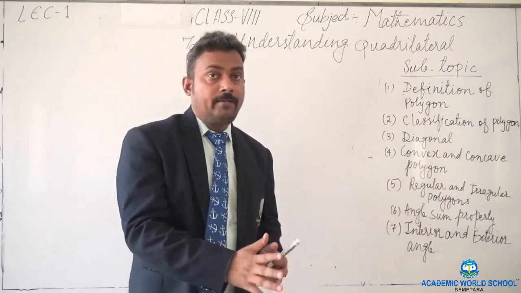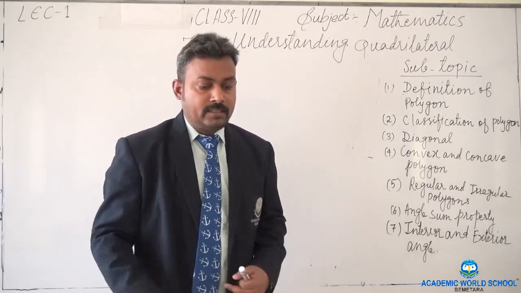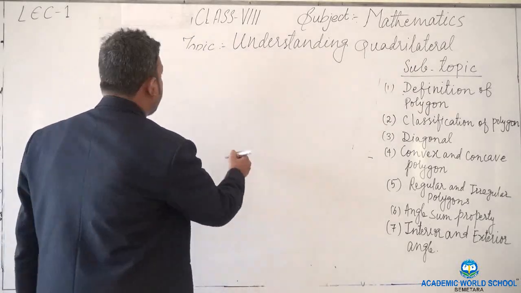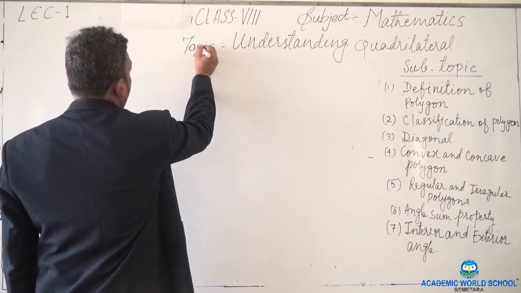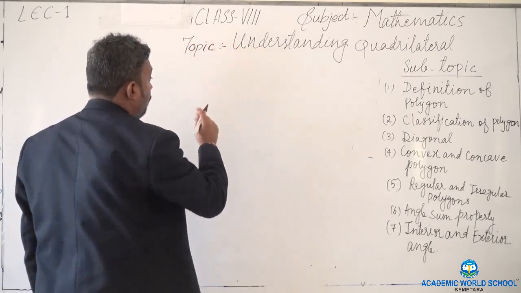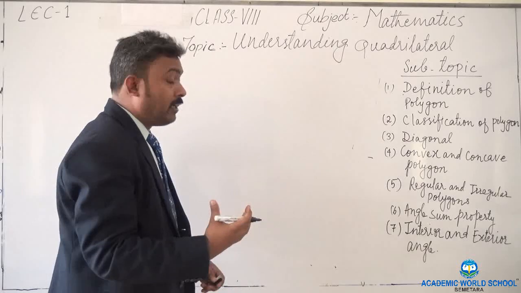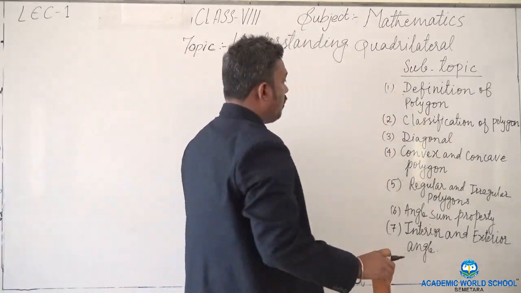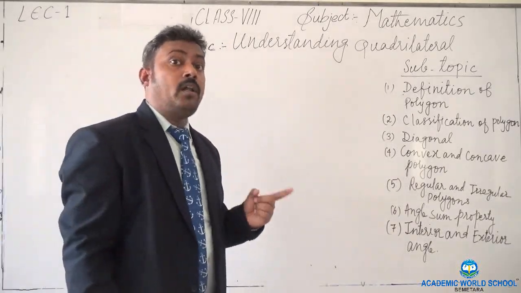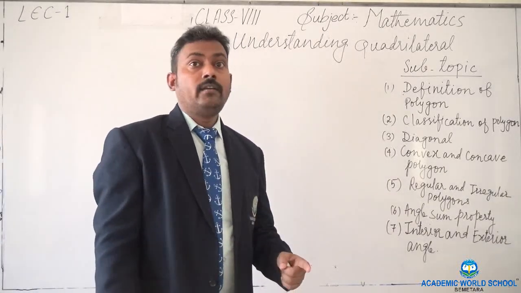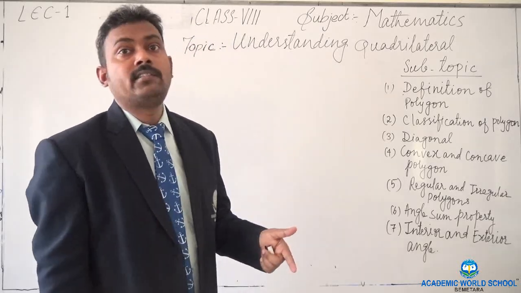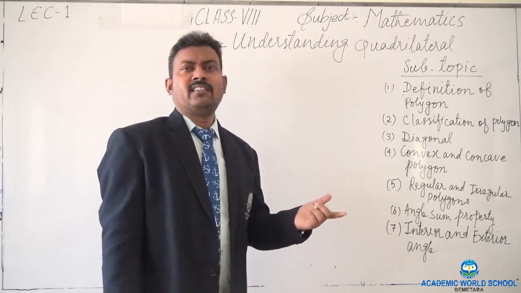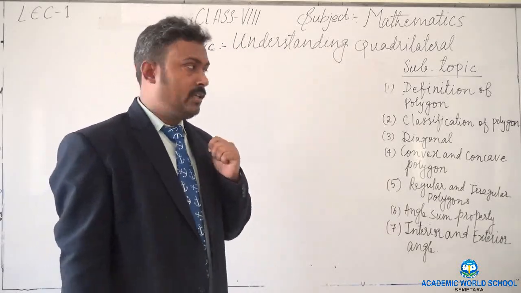Now I am going to be very specific about this. As I told you, polygons have many sides. Now how many sides should it be? At least the minimum number of sides to become a polygon. A closed curve will be a polygon only when it has at least 3 sides. If it has less than 3 sides, it is never going to become a polygon.